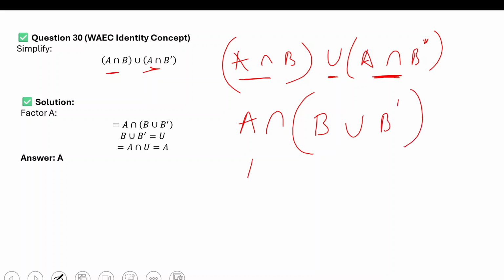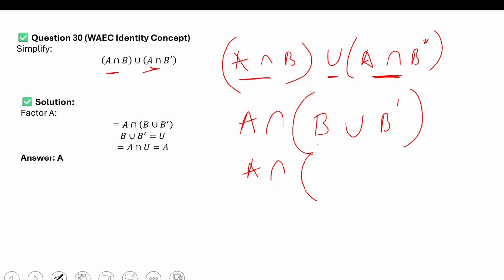Anytime you see B union B prime or A union A prime, what you are listing is the universal set itself. Why? Because B is defined as the elements of a set, and B prime is the elements that are not in B but are in the universal set.